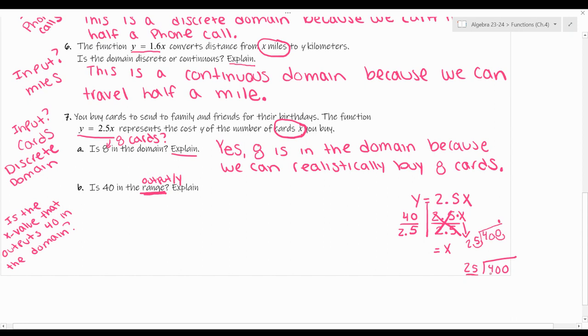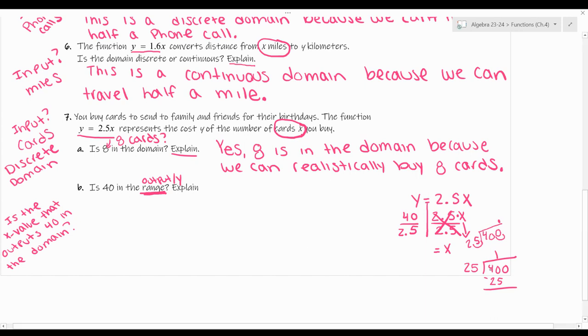2-digit number. First, figure out, can it go into the first 2 digits? So can 25 go into 40? The answer is yes. It can go in one time without going over. 1 times 25 is 25. From here, you're just doing normal subtraction. 40 minus 25.